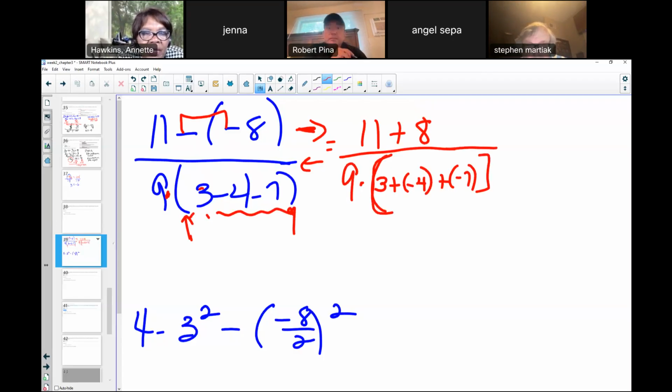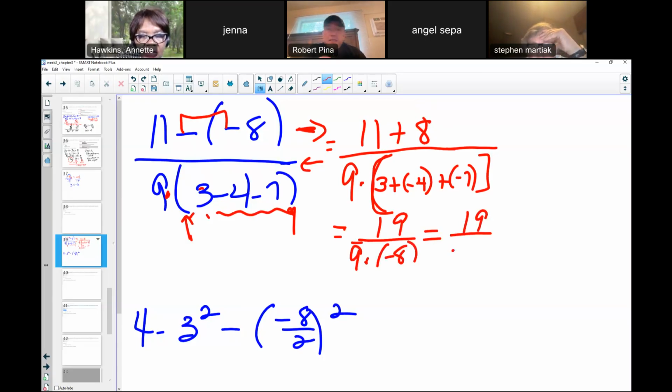Okay? So the top is 19 and the bottom is 9 times. So 3 plus negative 4 is negative 1 plus negative 7 is negative 8. We know that a positive times a negative is a negative. So this is negative 72. Now we never leave the negative in the denominator.